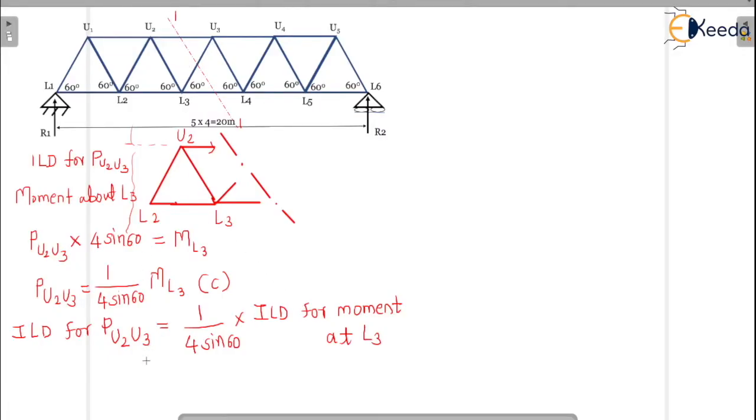For that, we need the maximum ordinate. This value is z into L minus z by L, as we know from the previous theory.